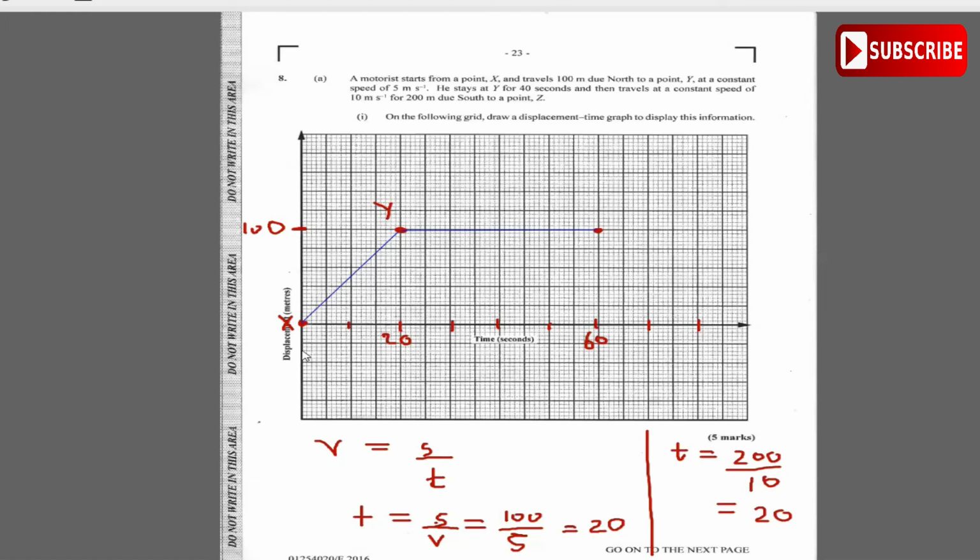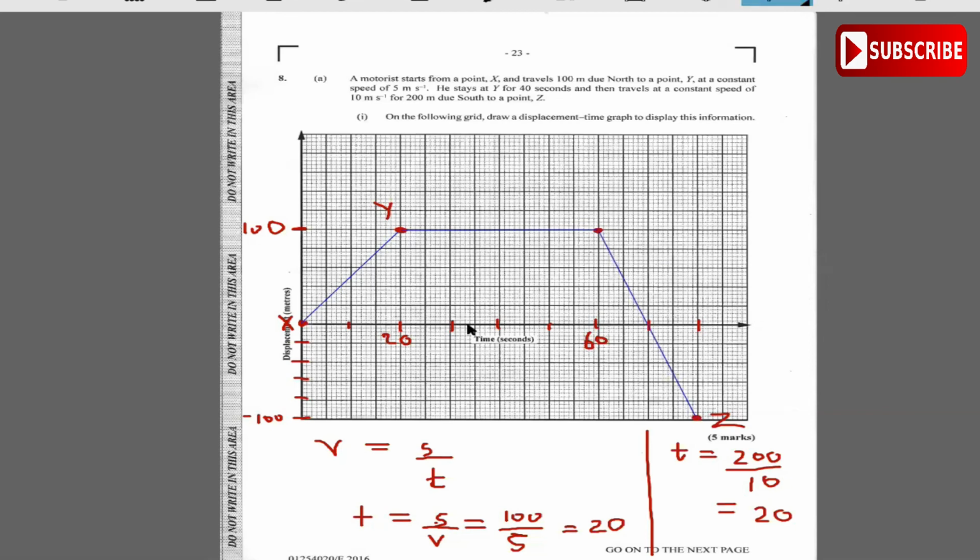Right here is 20, 40, 60, 80, 100. This is minus 100. So going from 100 to the origin is 100 meters. Then going down makes another 100 meters. So he travels then to some point Z, because it says he went south, so he traveled down.